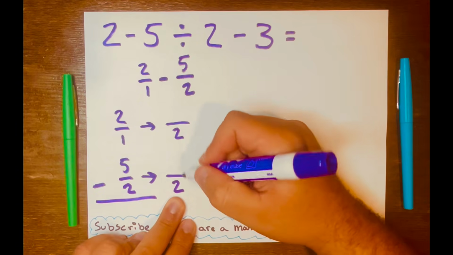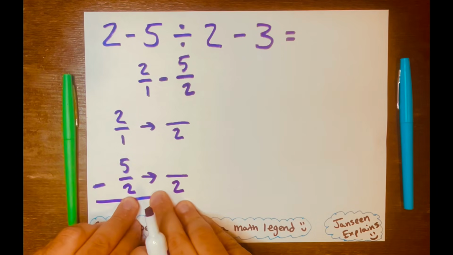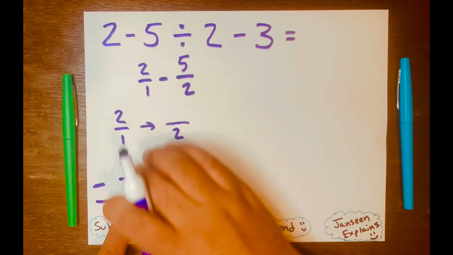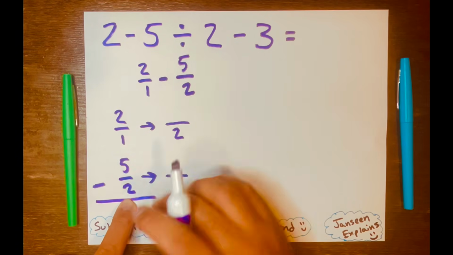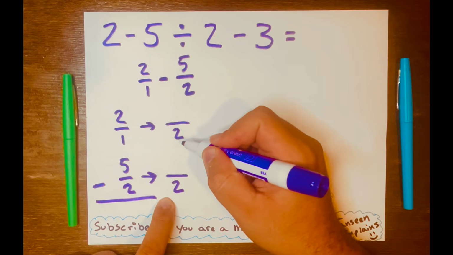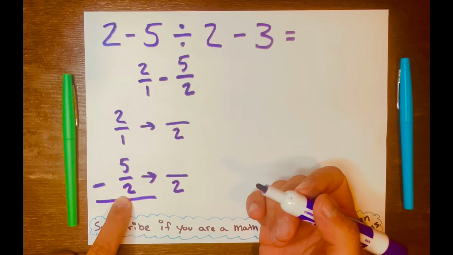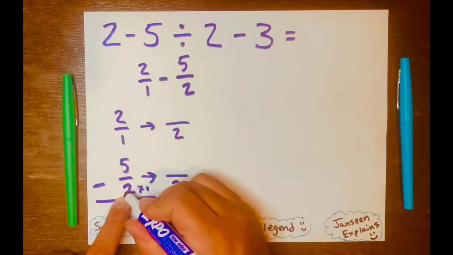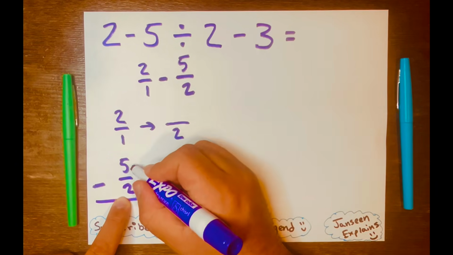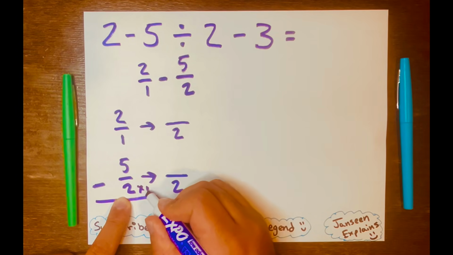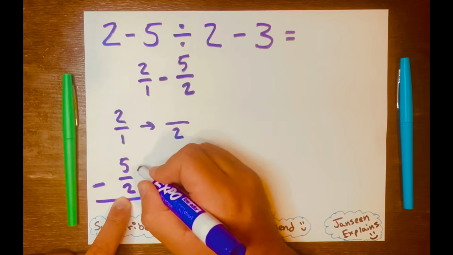And now you are going to multiply the original denominators by a factor that equals 2, or the least common multiple. So 2 times what gives you 2? 1. So 2 times 1 equals 2. And you use this 1, or the factor, and multiply the numerator.